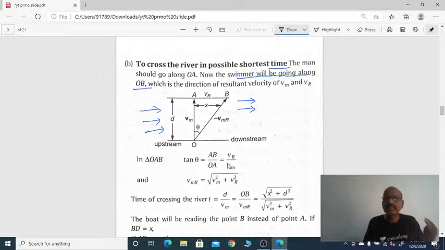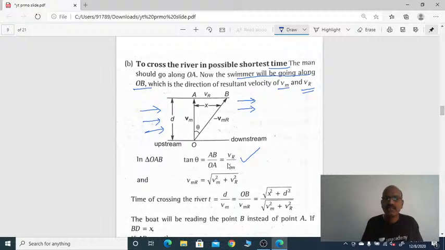The resultant is of VM, the velocity of the man along OA, and AB, the velocity of the river. In triangle OAB, tan theta equals opposite side AB by adjacent OA; we know both.